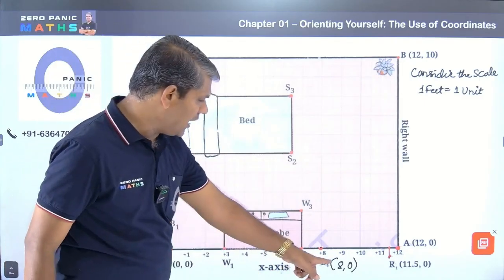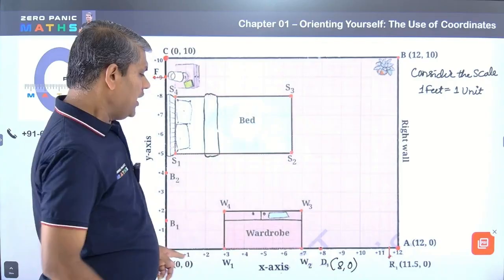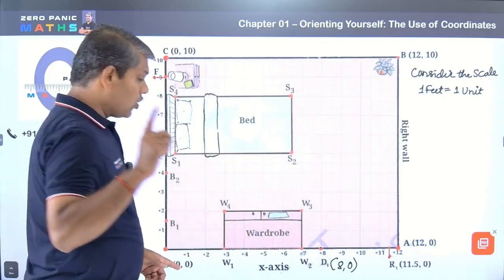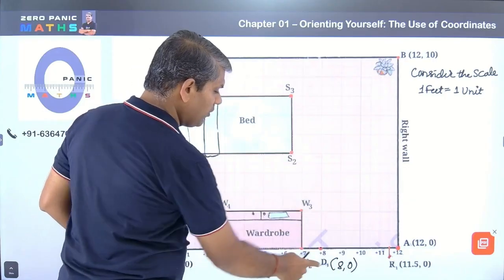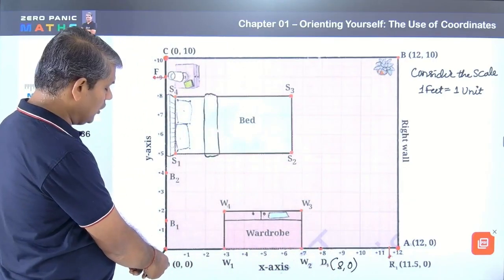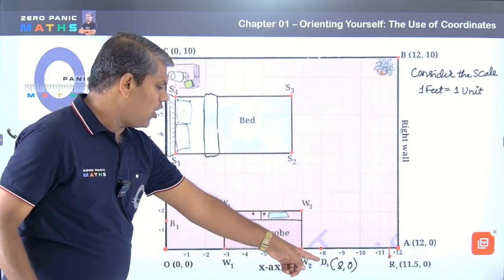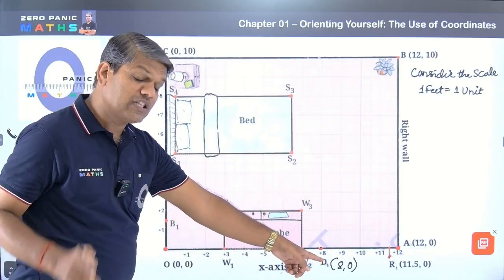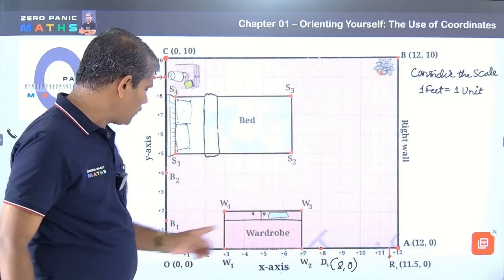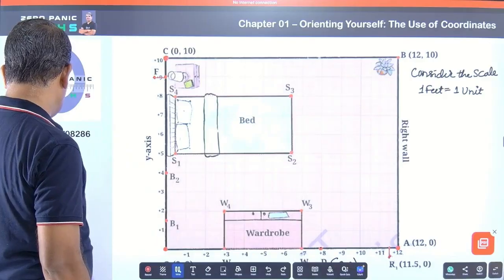The x coordinate is 8 and y is 0. So the difference between the x coordinate value of d1 and the x coordinate value of the origin gives us the distance of the door from the y-axis.